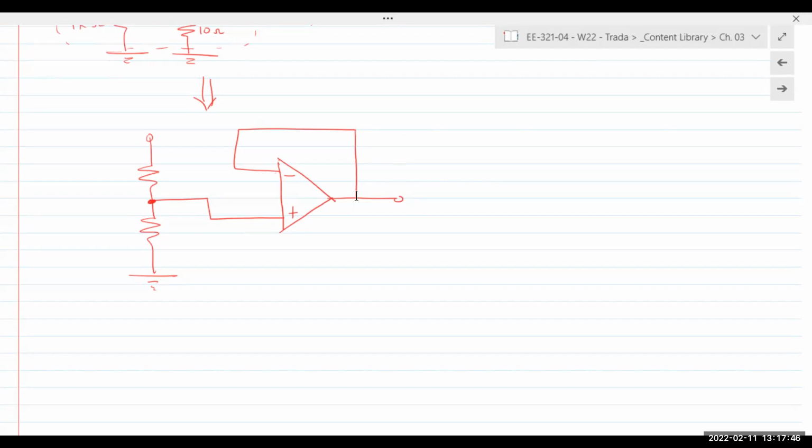Even if you take just 10 mega ohms and you find the equivalent circuit, even the very lowest quality op amp will have input impedance higher than 100 mega ohms.